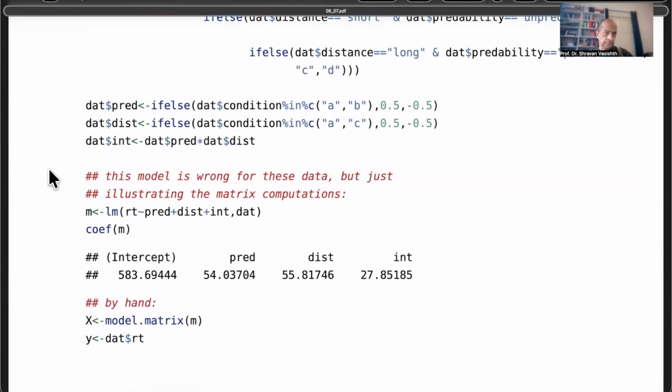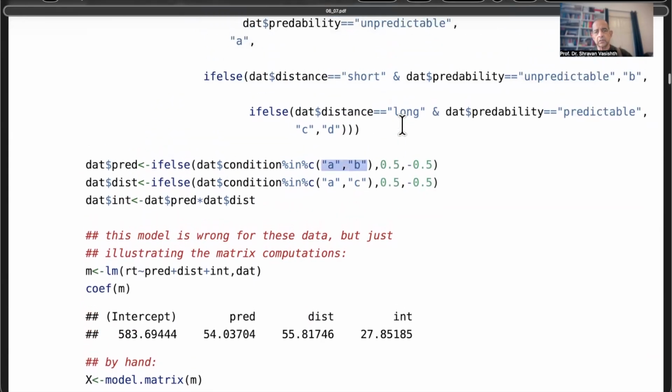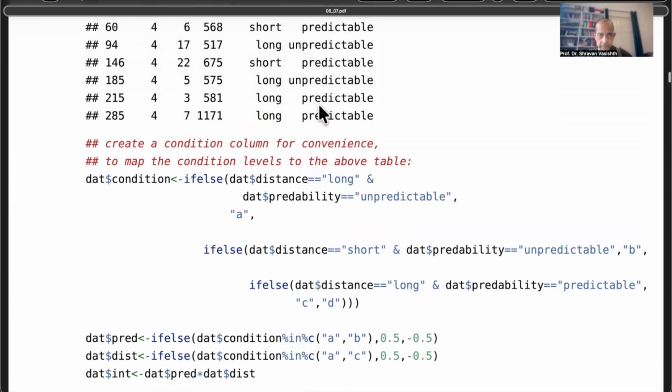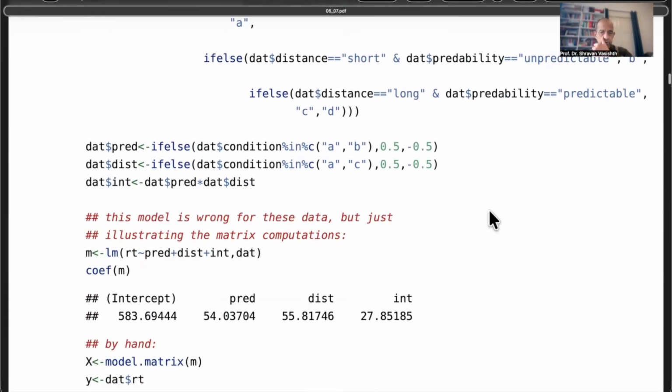So just like before, remember the sum coding that we did for two levels? A and B refer now to, this is why I did it, because it's easier to write than short and predictable and long and unpredictable, etc. I could have just used the original labels here for doing the sum coding, but it's just too tedious.